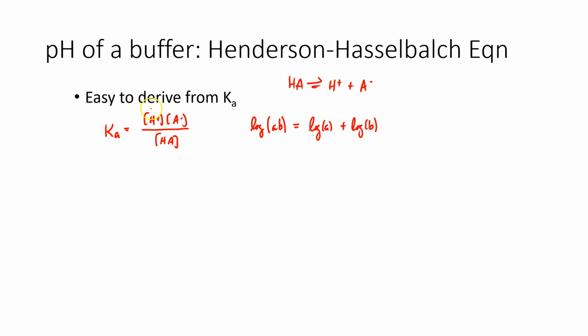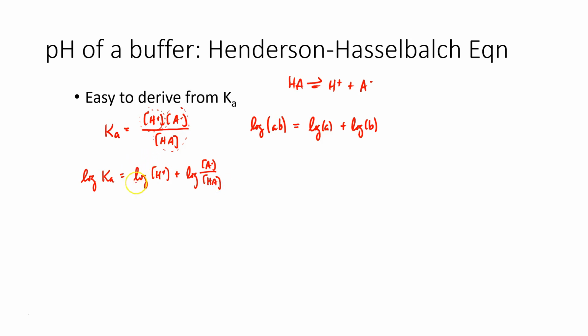So on the right-hand side here, we're going to treat H plus as A, and then the ratio A minus over HA as B. So here we go. The log of Ka is going to be equal to the log of H plus plus the log of A minus over HA.